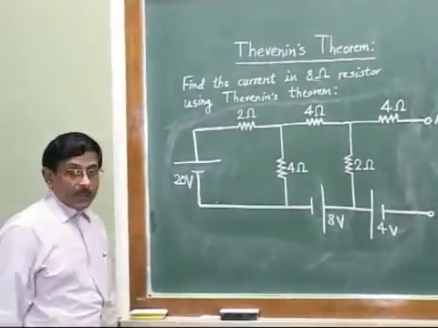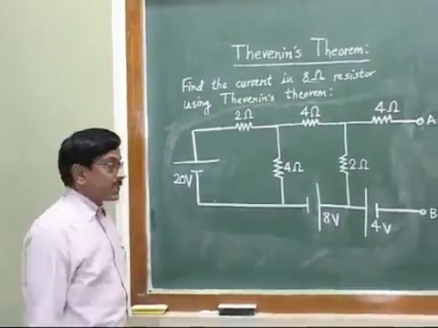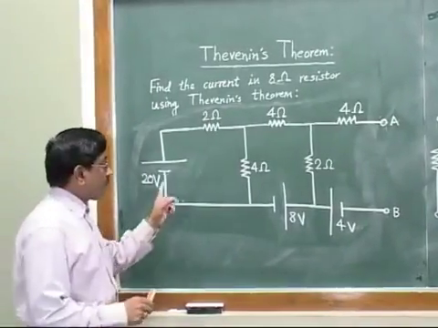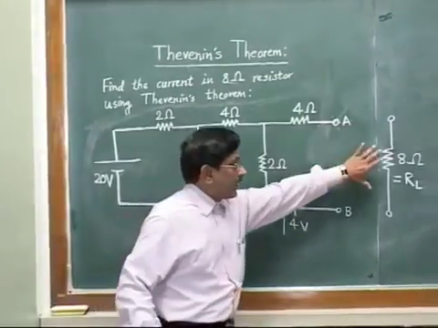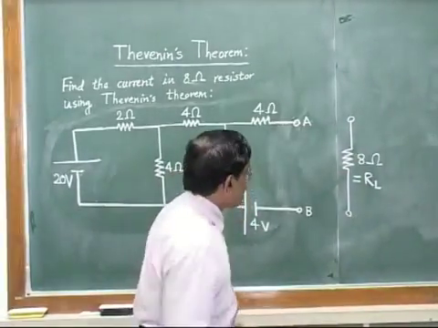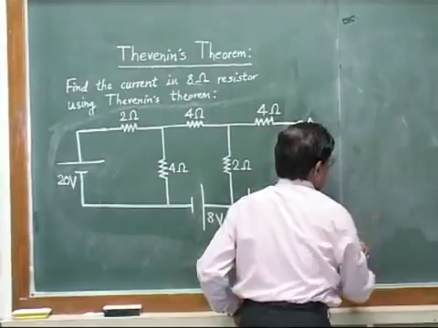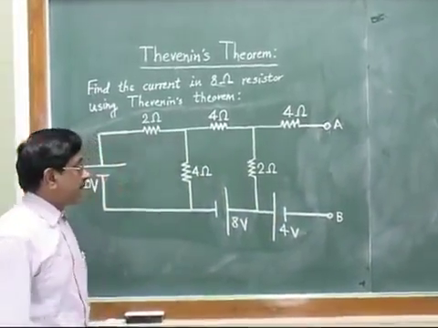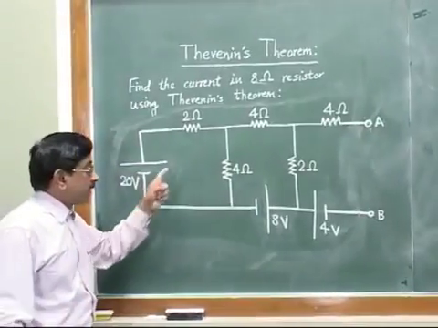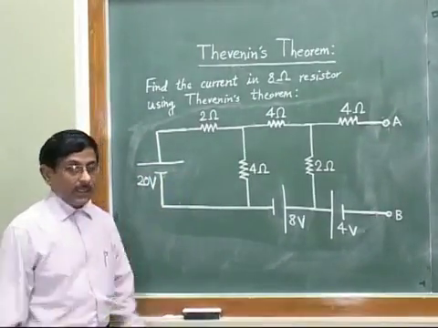Now as a second step, what should be done? In the second step, you have to assume that your given circuit is this, not this RL. We can even remove it from the blackboard, so that it does not come into the main circuit at this stage. So now you have to assume that this is your given circuit.